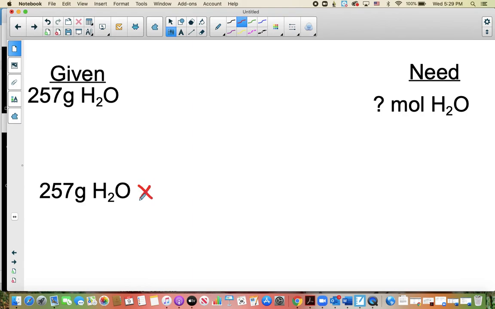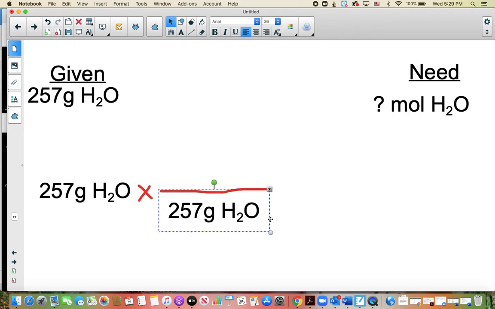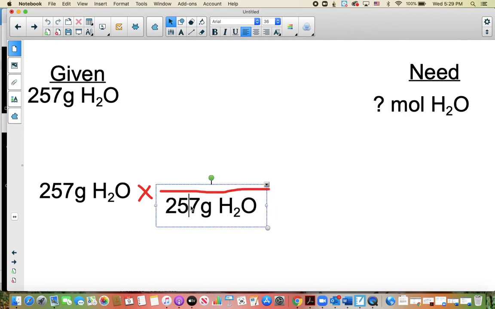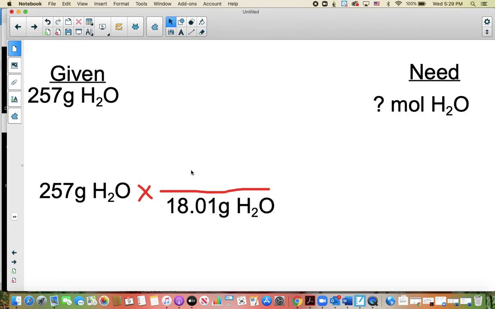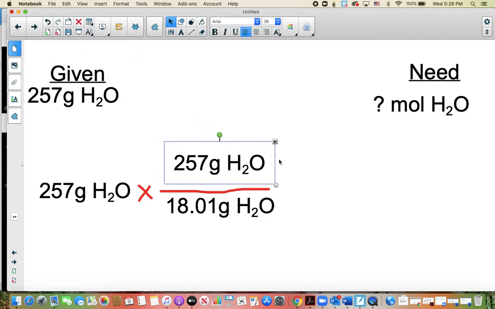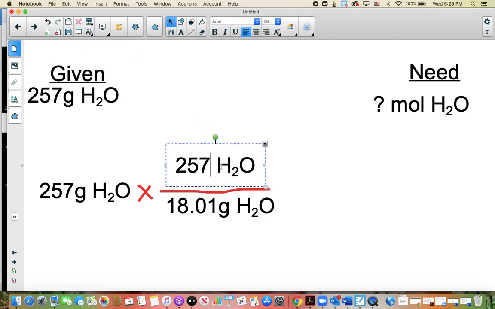So I'm going to do my multiplication here and insert my fraction bar. This time I need grams on the bottom, and I'll put 1 mole of water on top. Again, this works because this is just a fancy way of multiplying by 1. 1 mole of water weighs 18.01 grams, so this conversion factor works.